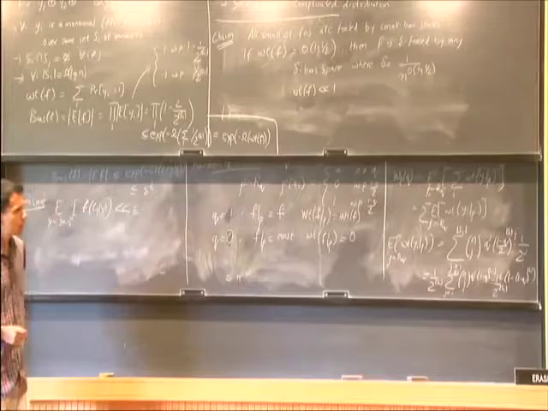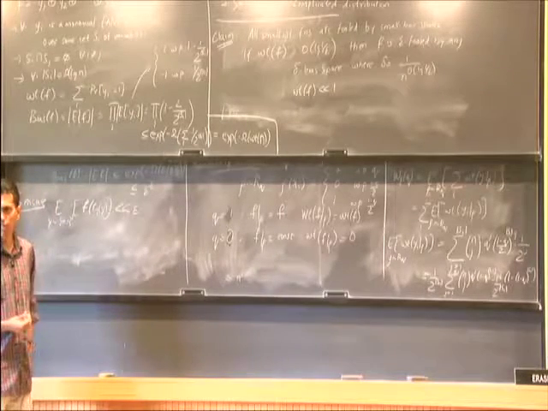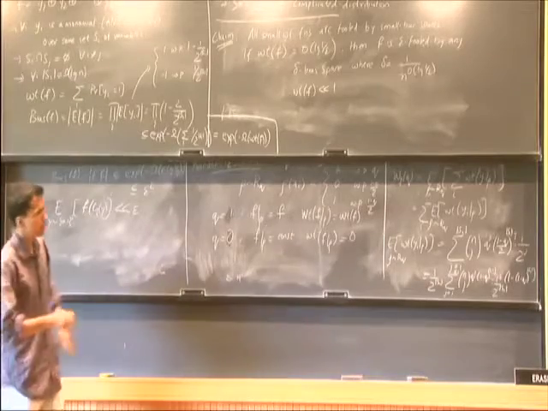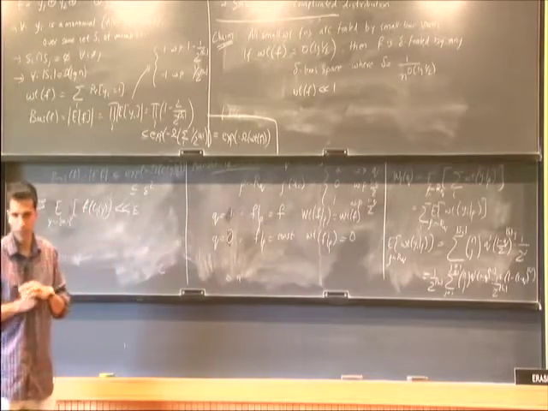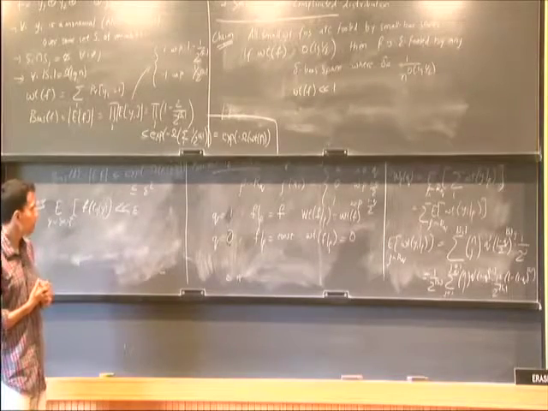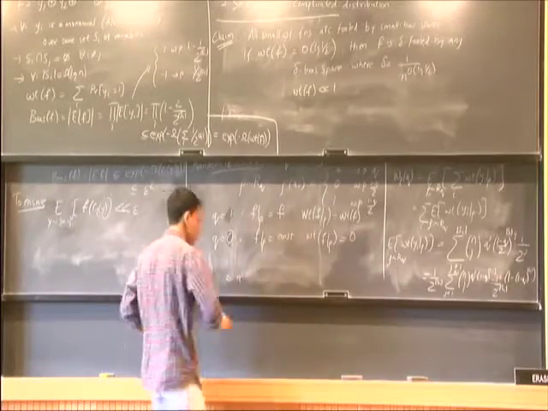Okay, so that's what the expected weight of a single monomial is. So you plug it in and you get some ugly expression for the weight of the entire thing. But we're not going to need too many things about this. What we're going to need are the following fairly simple observations.